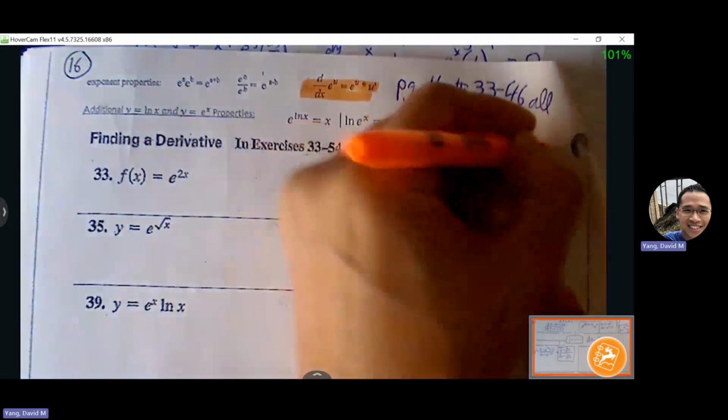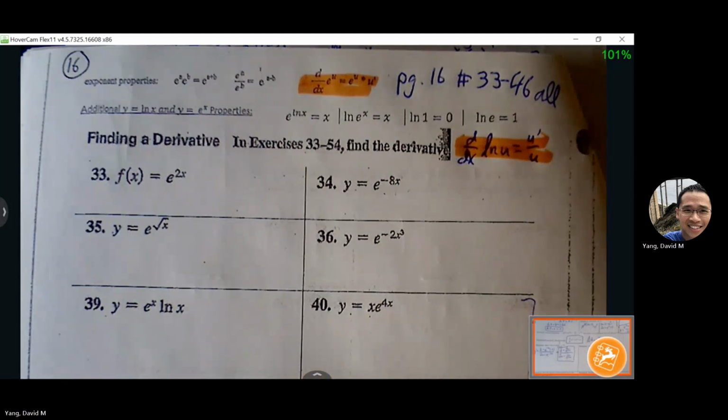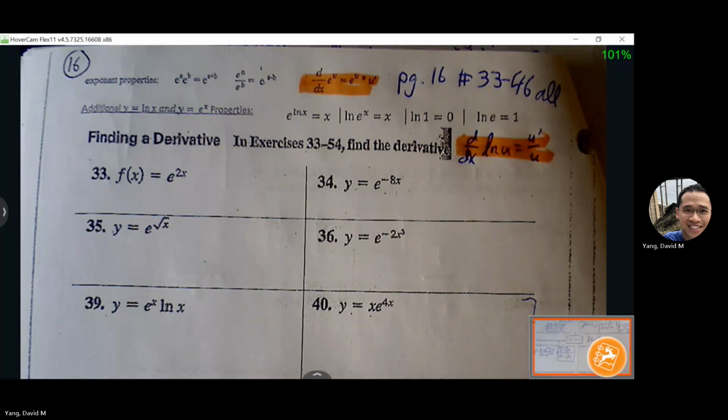There's my derivative rule for e to the u. Here's my derivative for natural log of u. So what's 33 here?